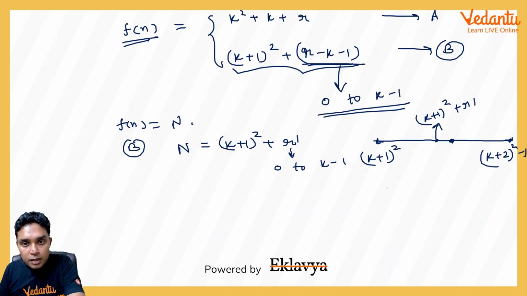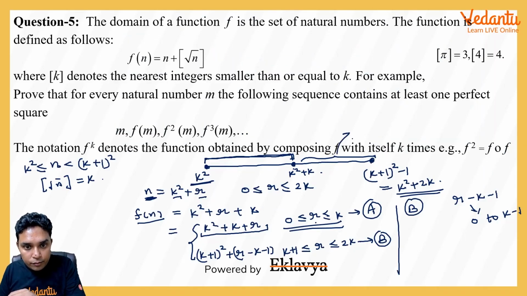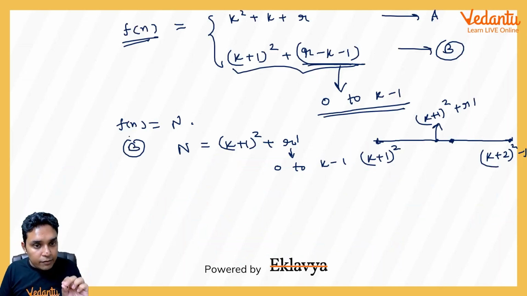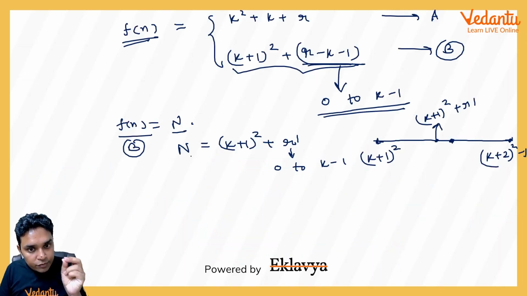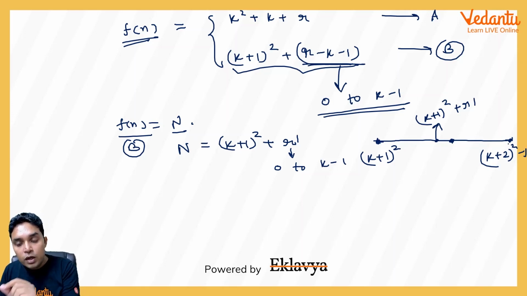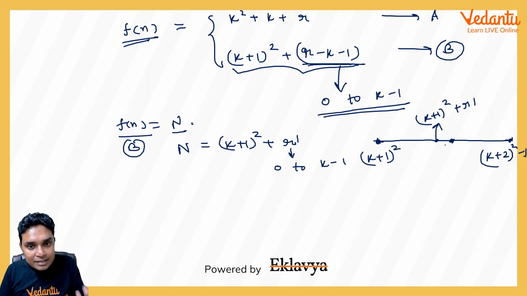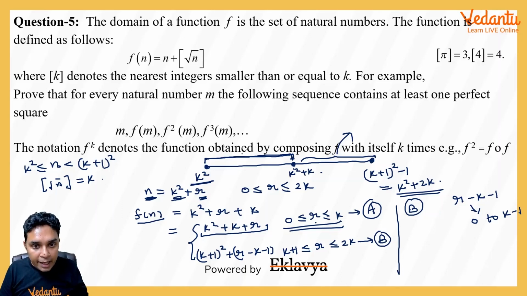And if r is lying in the second part, for n equal to k square plus r, when I take f(n) as capital N, then for this interval k plus 1 whole square to k plus 2 whole square minus 1, it is again lying in the first half only. So what we can say is that in all possible scenarios, whether r is lying in the first half or in the second half, we can manage to get it in the first half only. Okay, I hope that is clear.